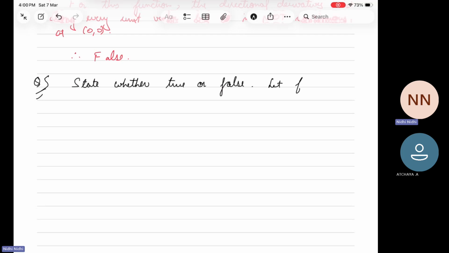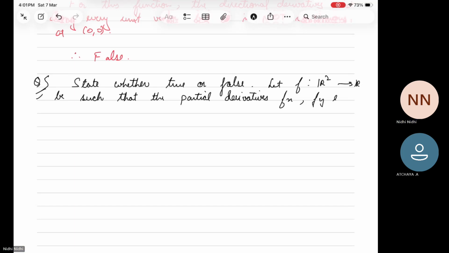Let f from R2 to R be such that the partial derivatives fx, fy exist on R2.